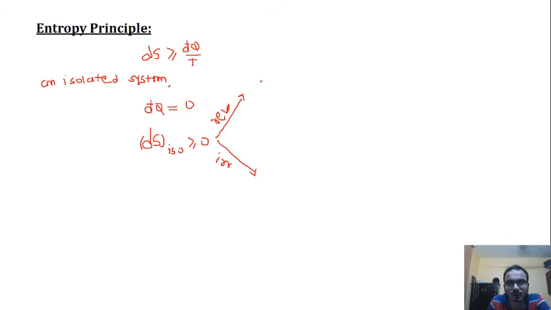So here what we get is dS of an isolated system is equal to 0 for the reversible case, and dS for an isolated system is greater than 0 for the irreversible case. For the reversible process, S will be equal to constant because the differentiation is 0.